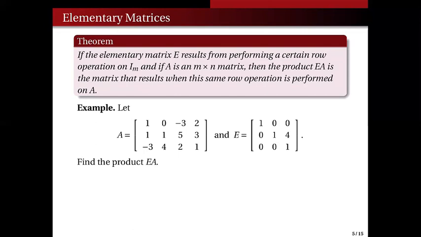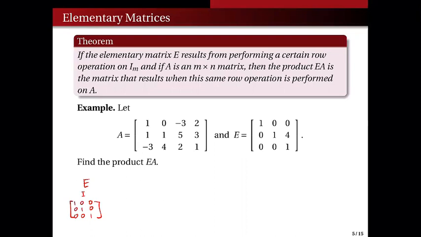But what we're going to do is to observe E. Take note that E here was obtained from the identity matrix. So you have the 3 by 3 identity matrix. This is your I.